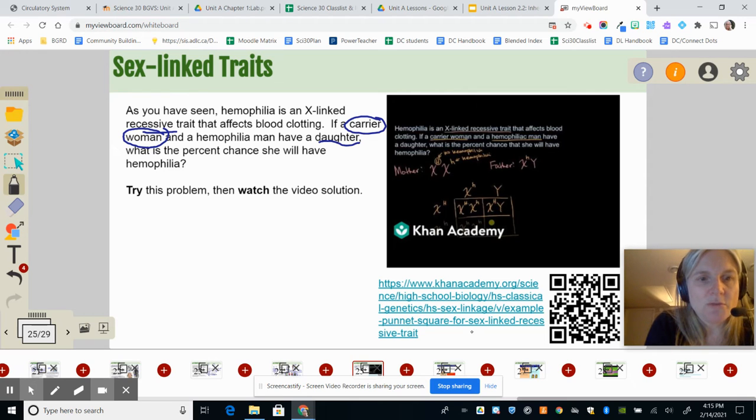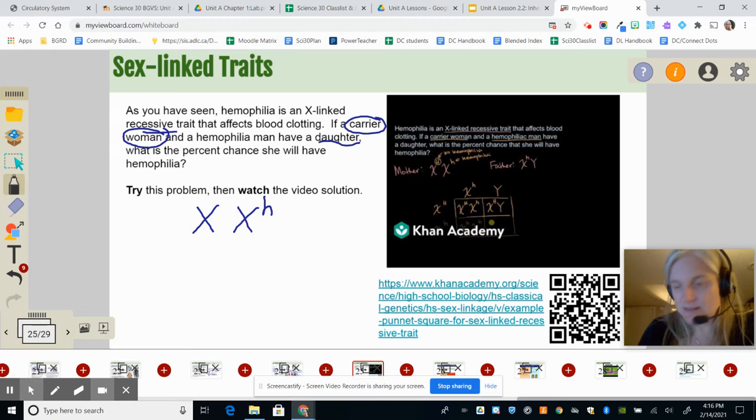So a carrier woman. We know it's a woman, so she has to have 2 X's. If she's a carrier and the trait is recessive, one of the alleles on the X chromosome is recessive and is for hemophilia, and the other one is going to be dominant and not cause hemophilia. Then we have the father.